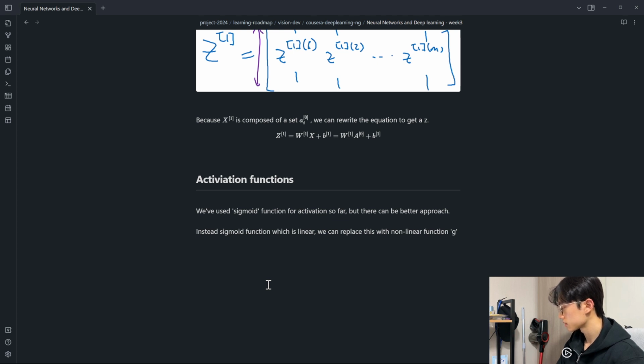The formula for the tanh function is e to the z minus e to the negative z over their sum, and it is actually mathematically a shifted version of the sigmoid function. So it's like a sigmoid function, but shifted so that it now crosses the 0,0 point and rescaled, so it goes between -1 and +1.